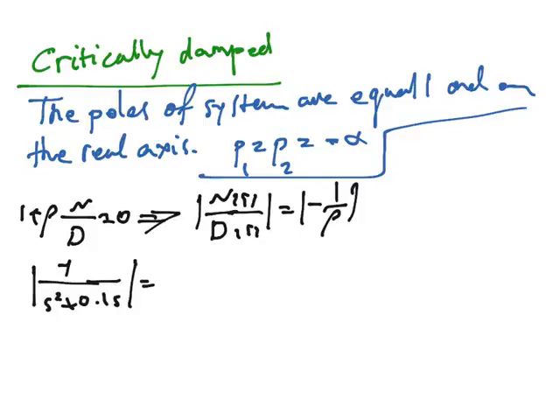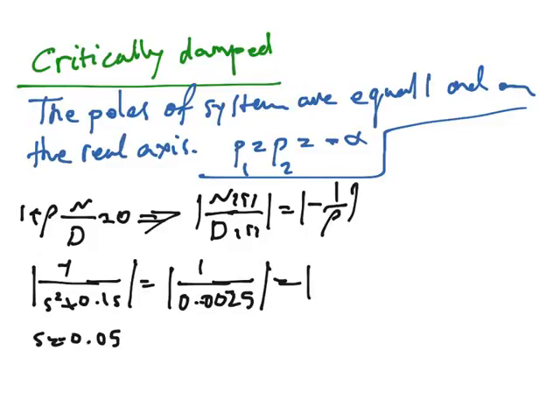And if we set S2 to minus 0.05 and replace the values here, the value that we will get will be equal to 1 divided by 0.0025, and this should be equal to minus 1 over rho.